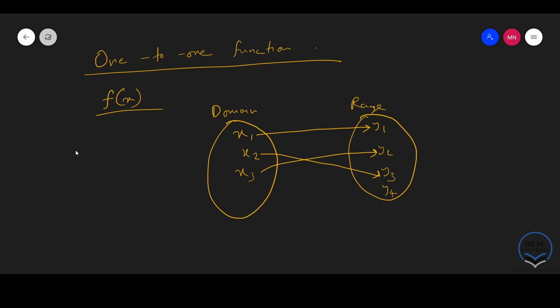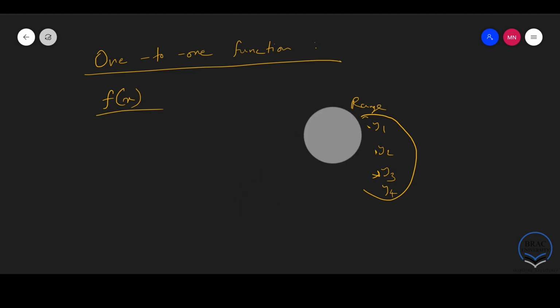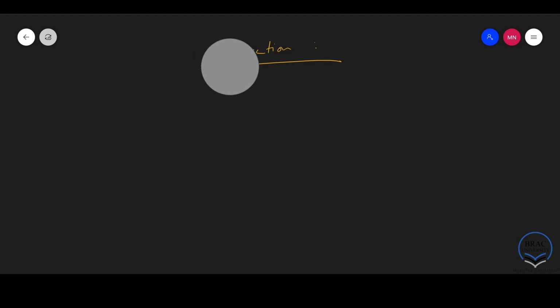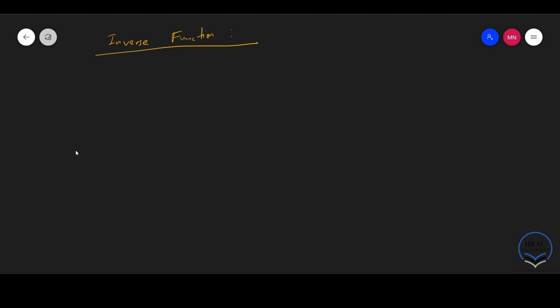Since we have now discussed the concept of a one-to-one function and a many-to-one function, we can now talk about an inverse function. Only one-to-one functions can have an inverse function.